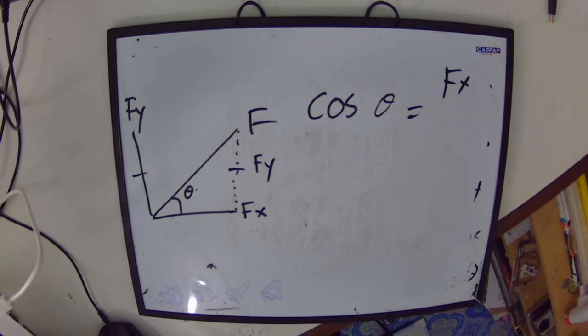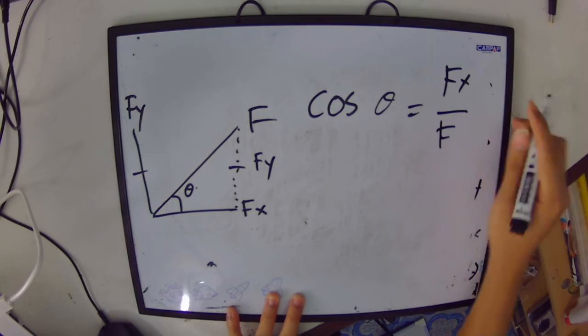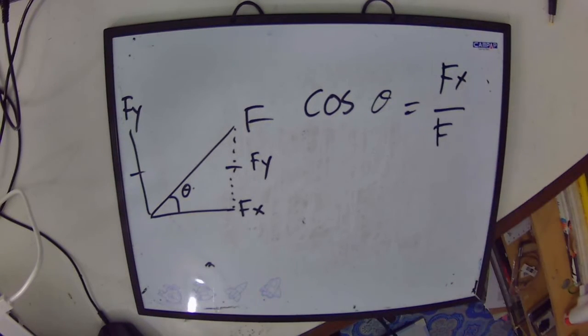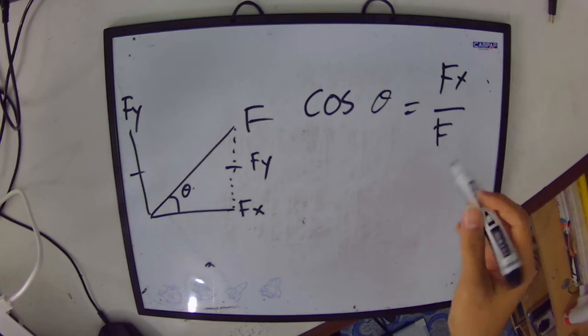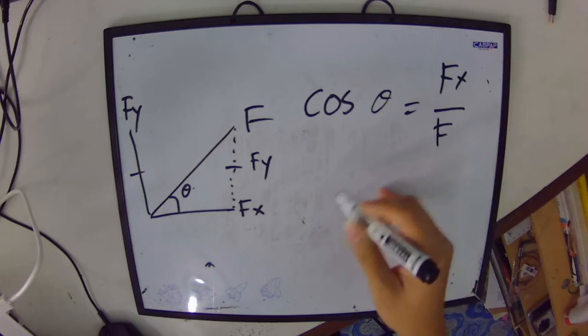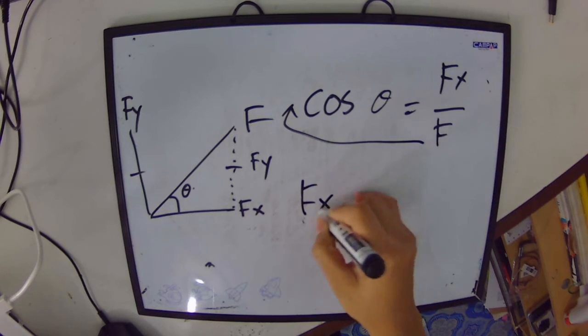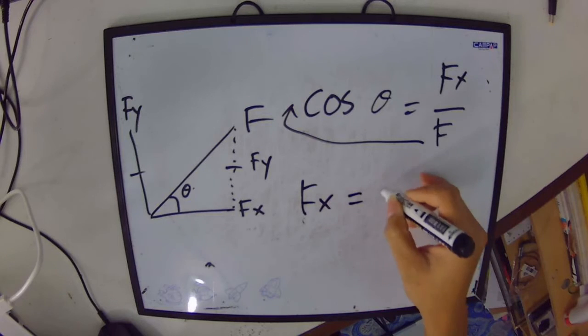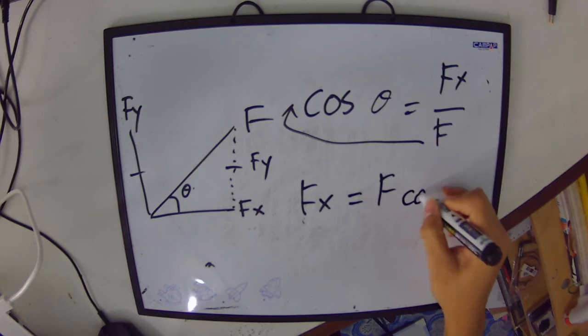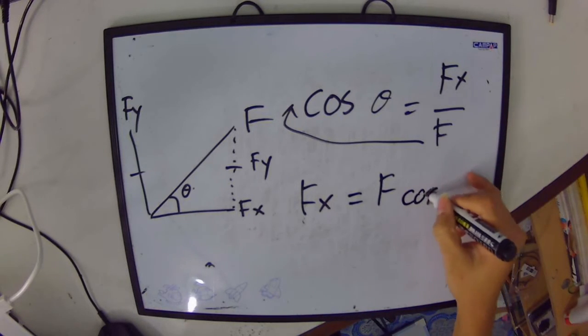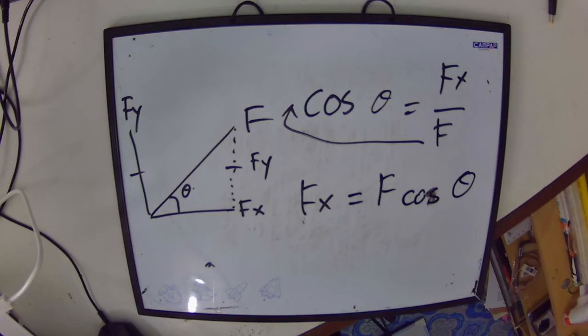Your hypotenuse is again F. And once again, you can just rearrange so that F goes up here. So Fx equals F cos. That is where the formula comes from. That's how you get the original formula.